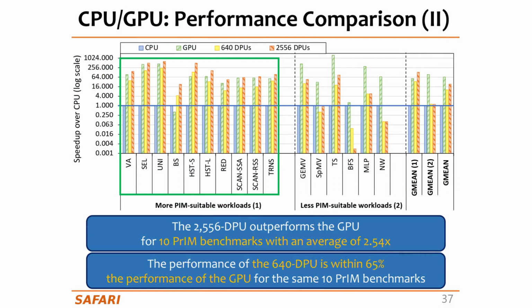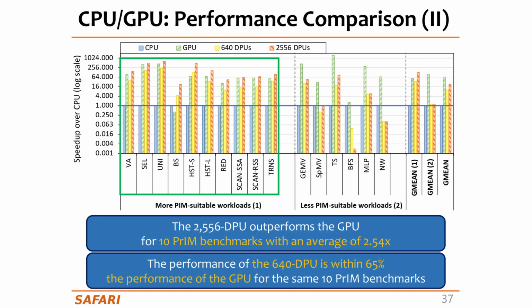I will go directly to this comparison to CPU and GPU. You can see that we classified the 16 workloads in two classes, let's say, those that are more PIM suitable or more ABUMPIMP suitable workloads, and less PIM suitable or less ABUMPIMP suitable workloads. This plot represents the speedup over the CPU. That would be this blue line, right? So more PIM suitable workloads are those that fit better the ABUMPIMP PIM system and outperform the GPU.